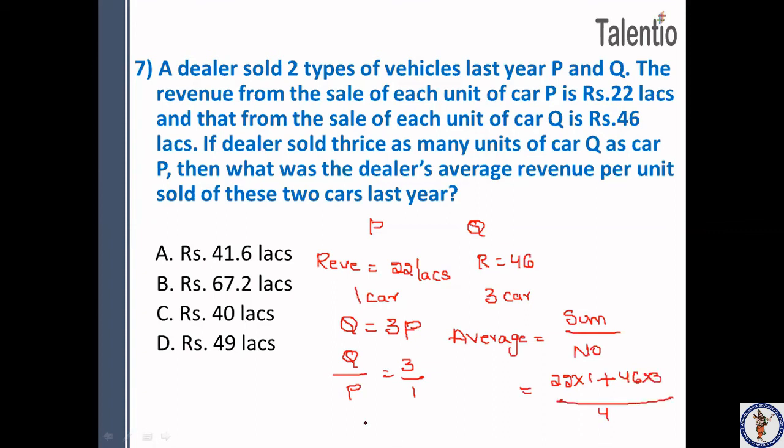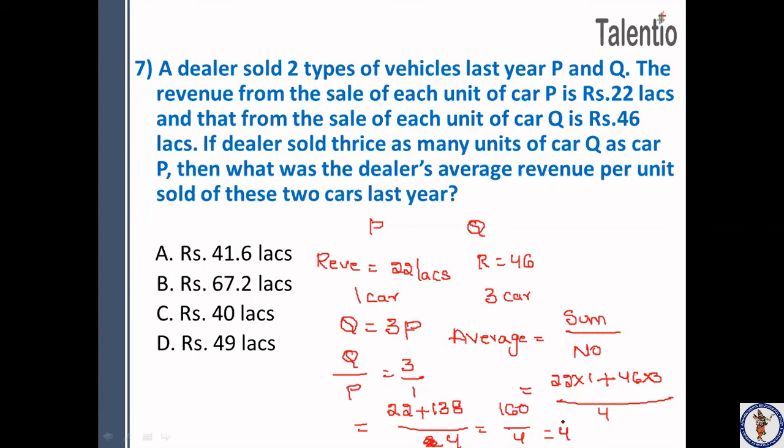Simplifying, 22 plus 46 into 3, which is 22 plus 138, so the sum is 160, by 4. So 160 by 4 equals 40 lakhs.